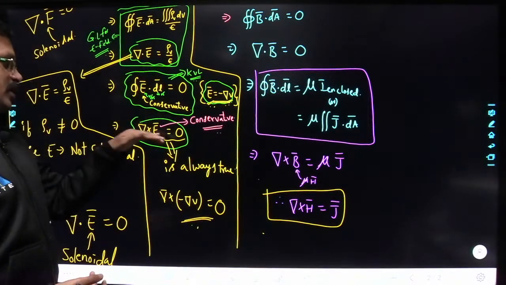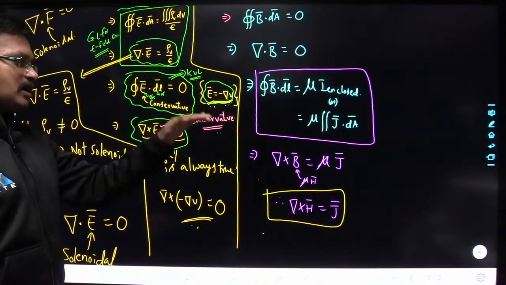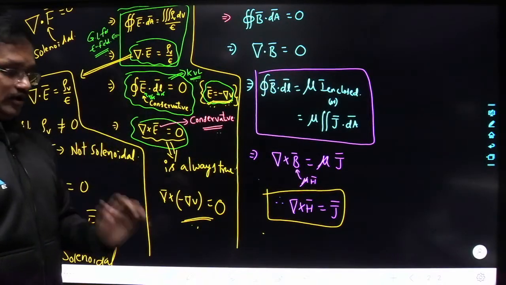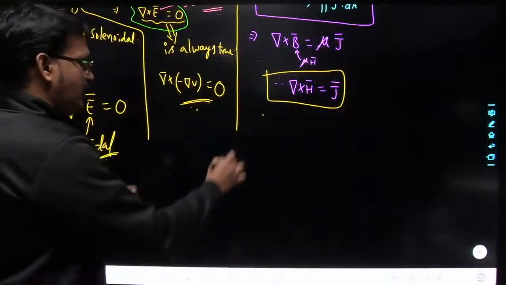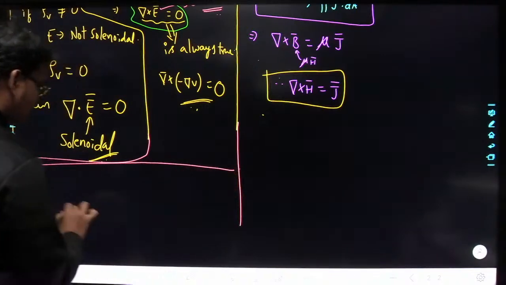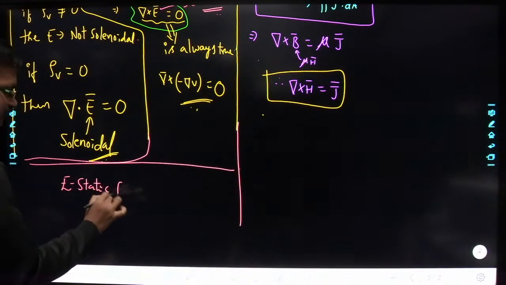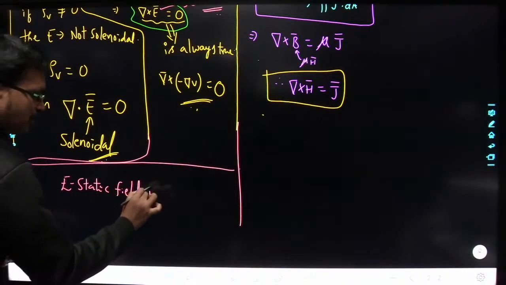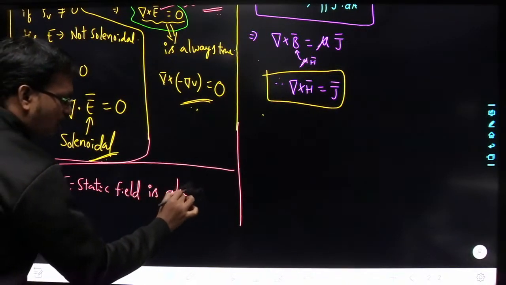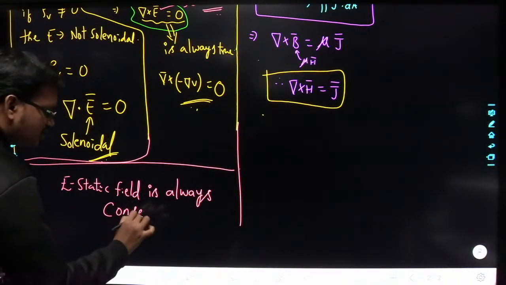And hence we can say E bar is always conservative. So what is the conclusion we can make here? The electrostatic field is always conservative.